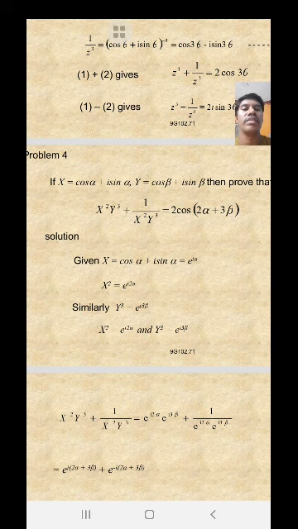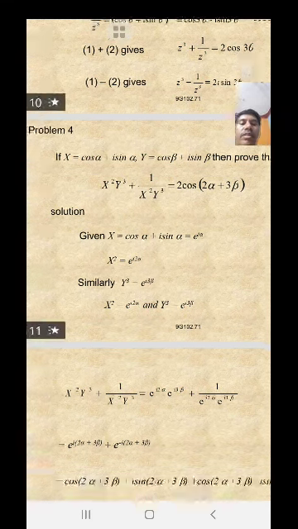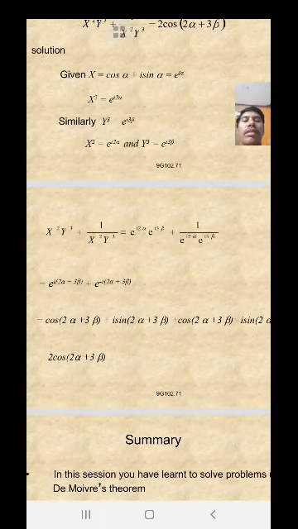That is the only difference between x and y. So we can easily write y power 3 equals e power i into 3 into beta. Next, x square into y power 3.